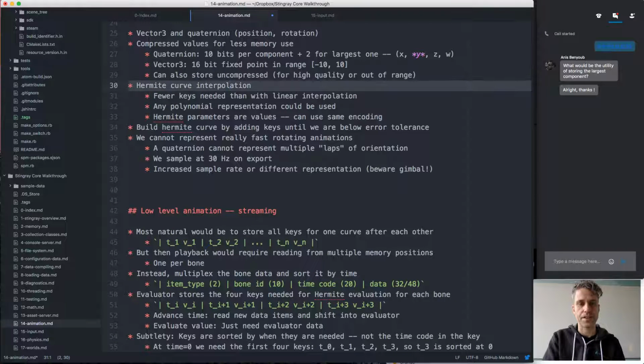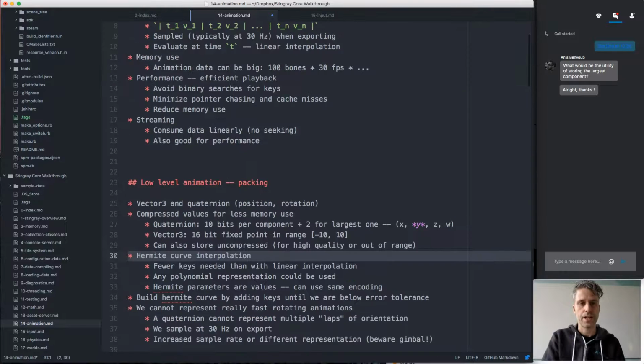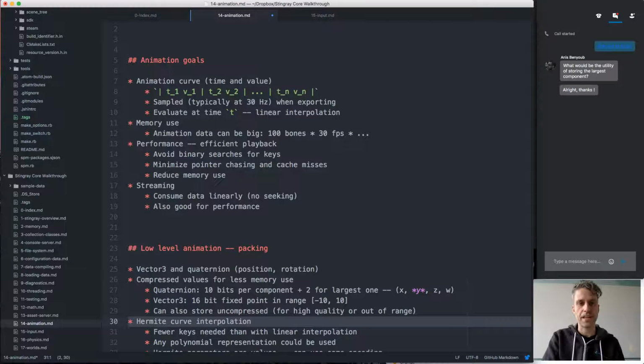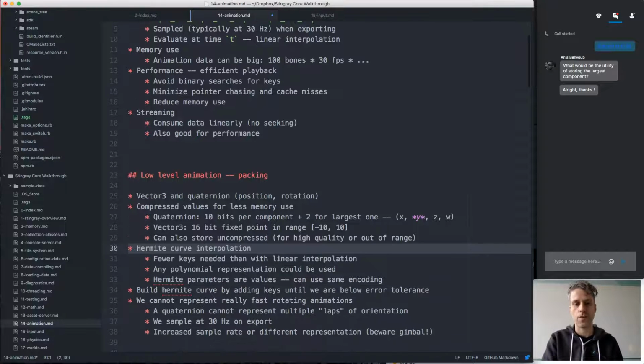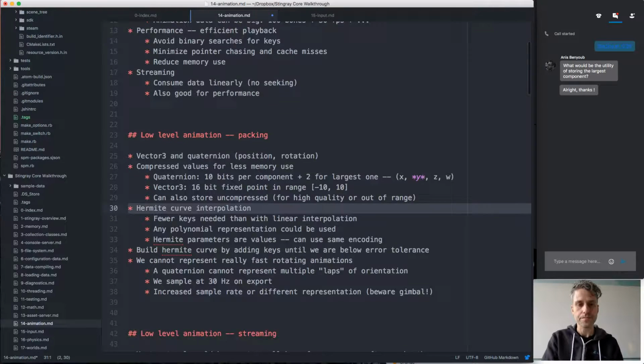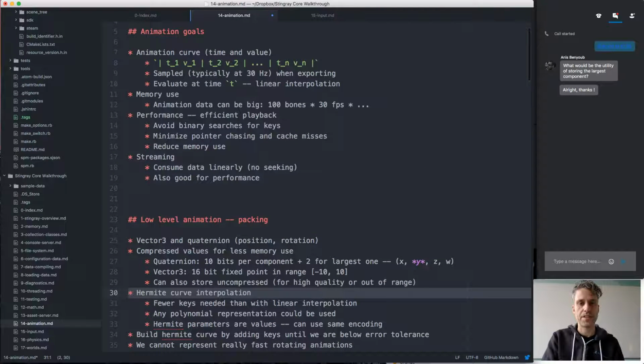Then we compress the curve itself. So instead of keeping keys and values for all these different keys, we reduce the number of keys we have. So we're trying to find a smaller representation of the same curve. We could do this by still using linear interpolation and just dropping some of these keys.